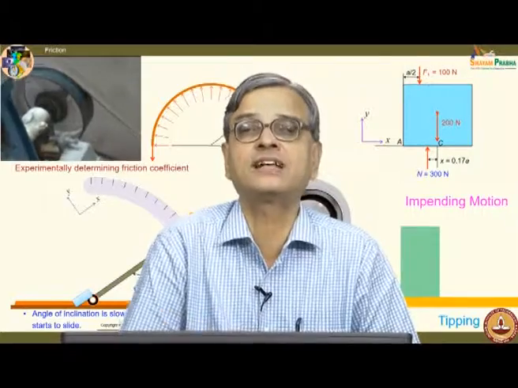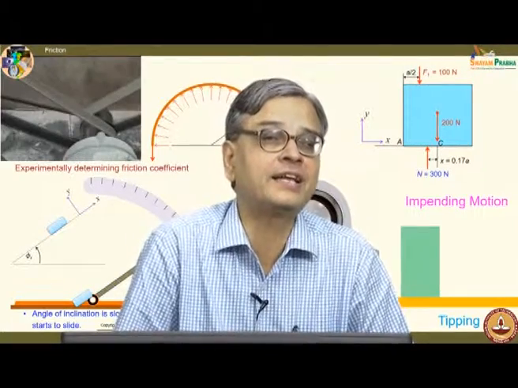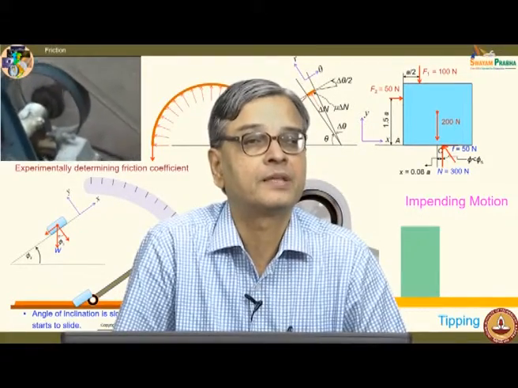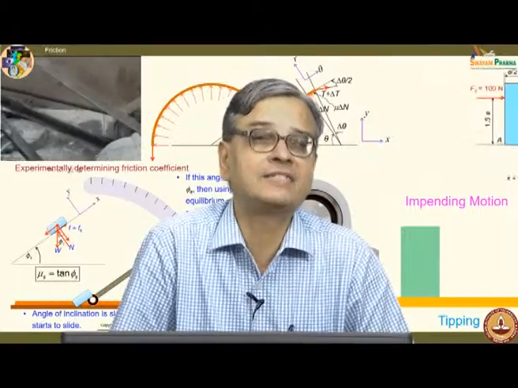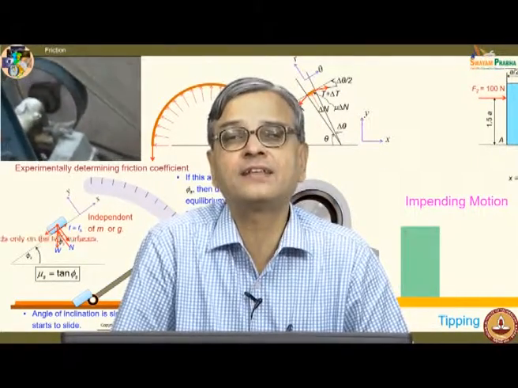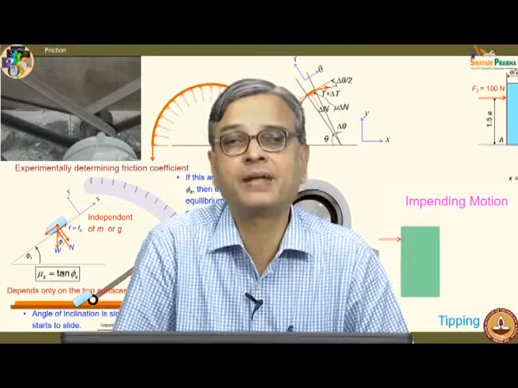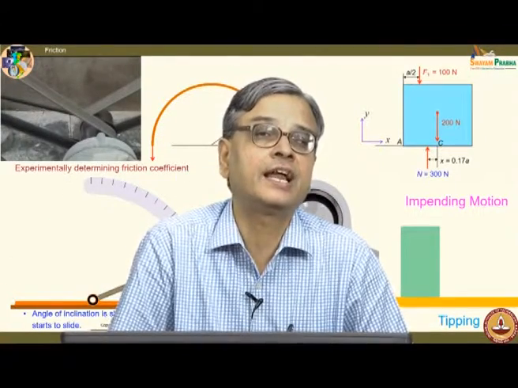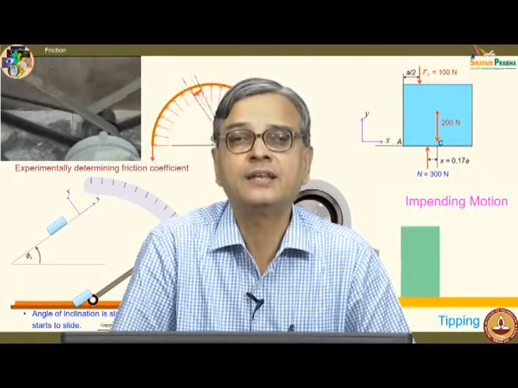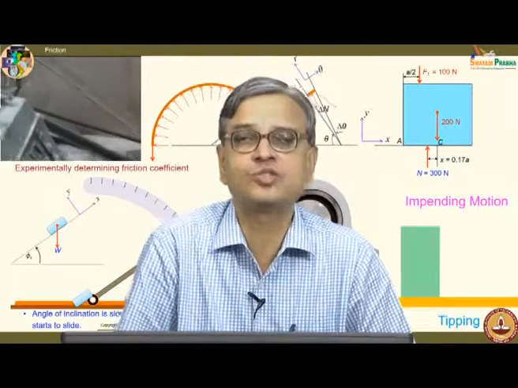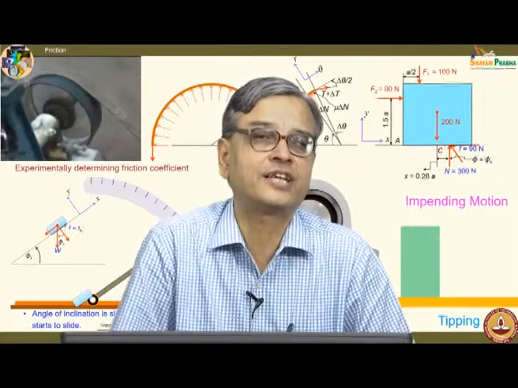And we have also discussed how to investigate mathematically whether the block will slide or tip. Finally, we have also learned a very important concept dealing with self-locking, which is a very desirable property in many mechanical engineering applications. In addition, we have also seen certain basic definitions that are used, like mechanical advantage, velocity ratio and mechanical efficiency, which are used in your higher studies. Thank you.